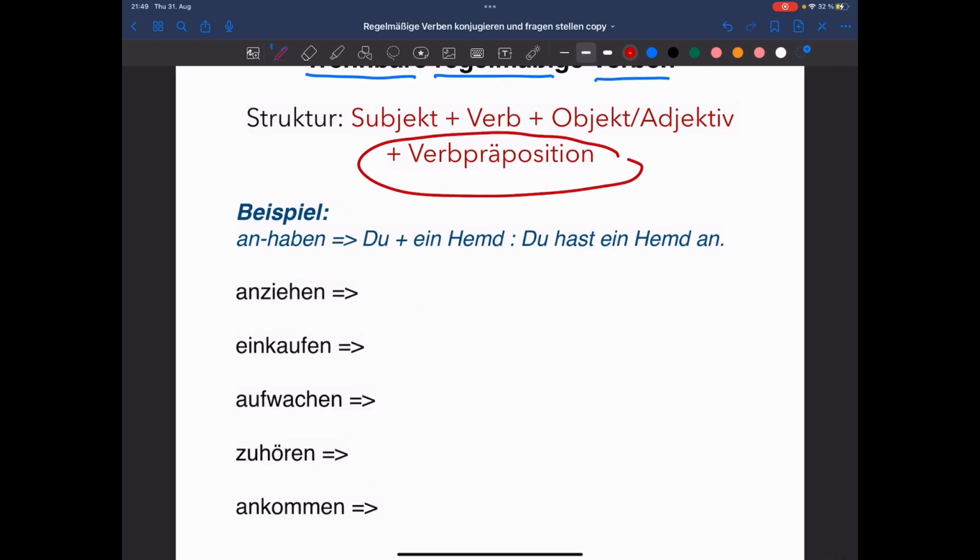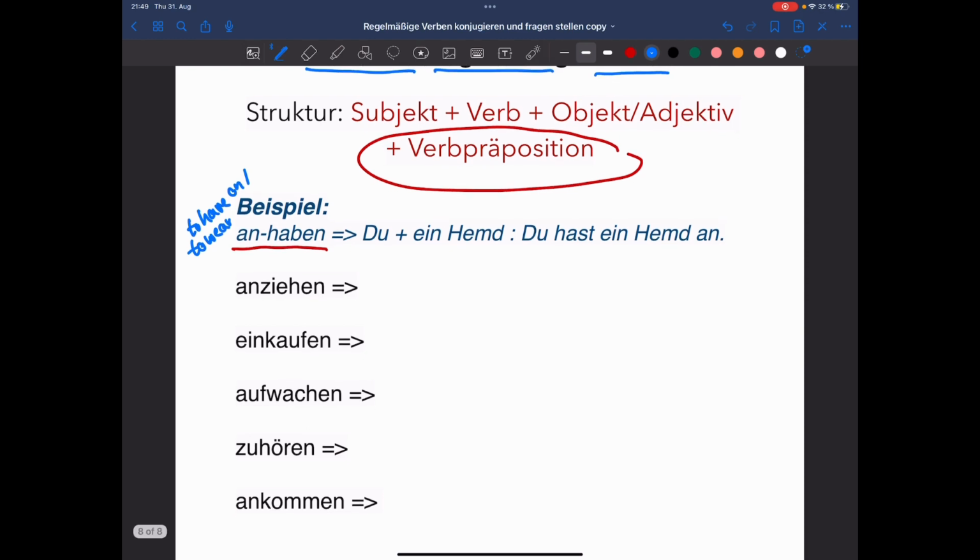For example, the verb anhaben. It is usually not written with a little line, but I just put it there so you can see. So anhaben means to have on, or also to wear.